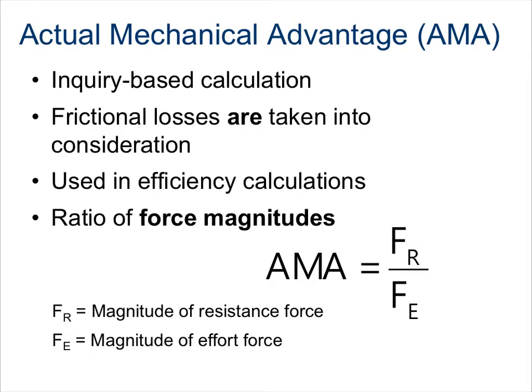To calculate AMA, it's going to be FR, our resistance force, divided by FE, our effort force. Because distances are often easier to measure than input and output forces, especially when you are designing a machine and you can't measure the actual output force, IMA is often used to inform machine design.